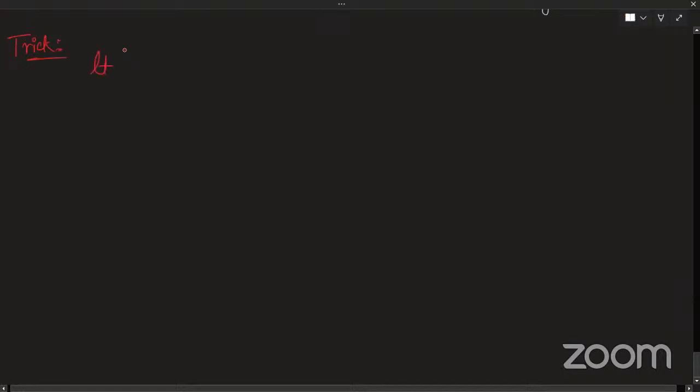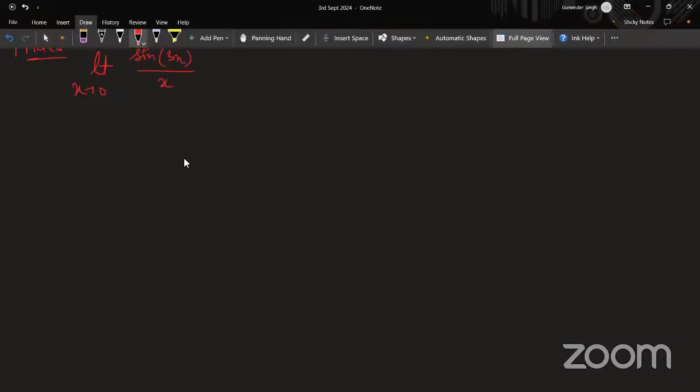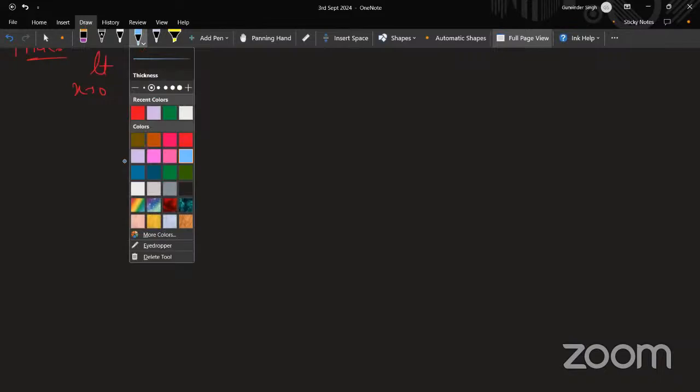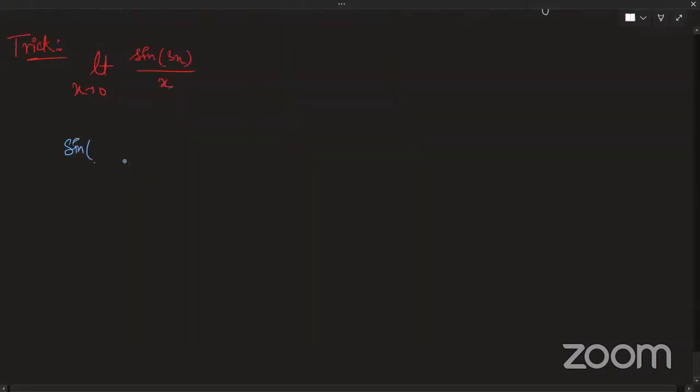So I have limit x tending to 0. What will happen if you multiply and divide by 3? I have sine of 3x by 3x into 3. Can I write it like this, everyone?